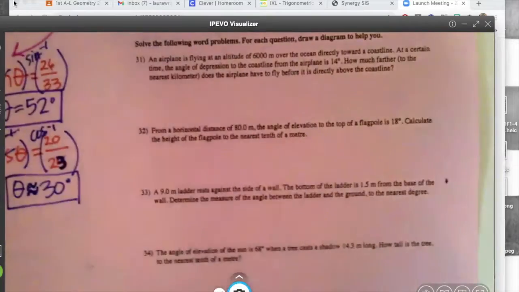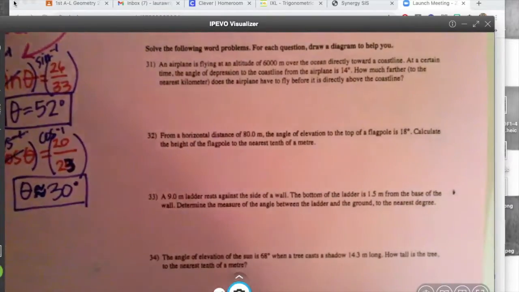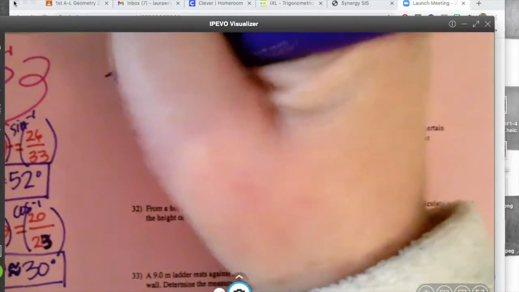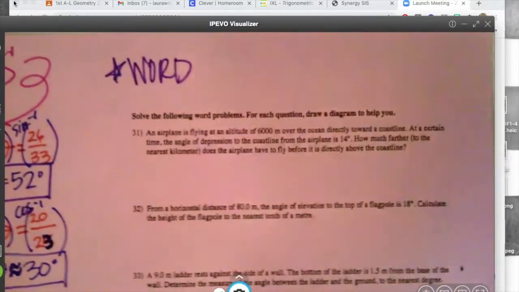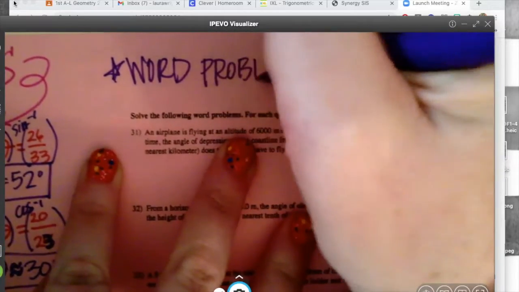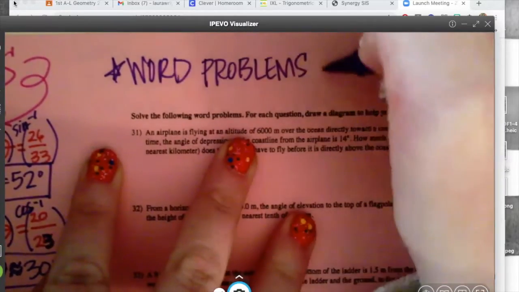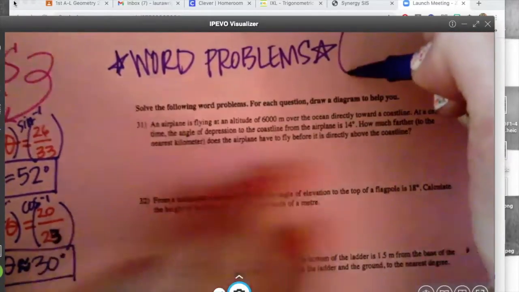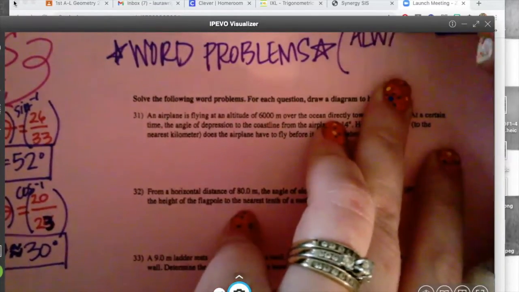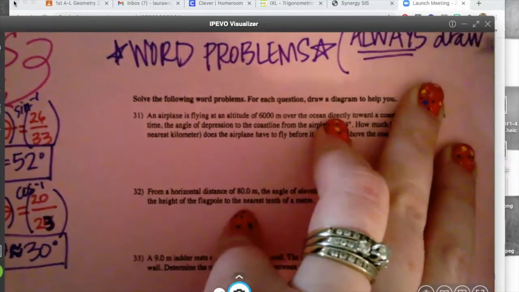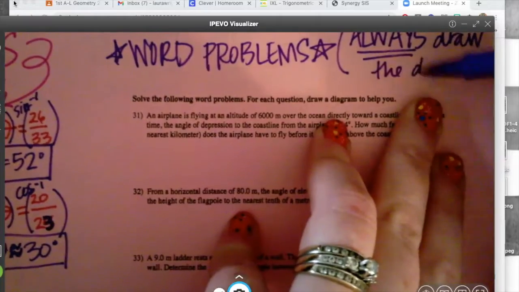Now, these word problems, you're going to have to draw and label your own diagrams. So over here, we're going to put up at the top word problems. And then always draw the diagram.